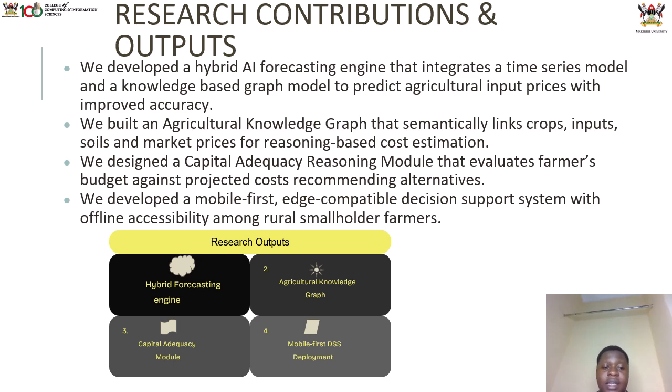And then we also designed a capital adequacy reasoning module that evaluates farmers' budget against projected costs, recommending alternatives. And then we developed a mobile first edge compatible decision support system with offline accessibility among rural smallholder farmers.